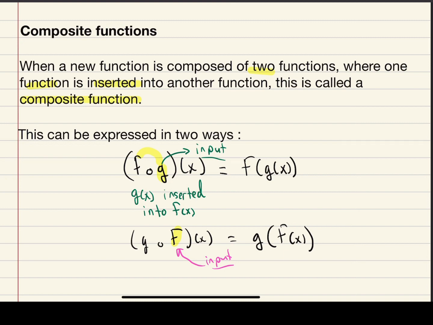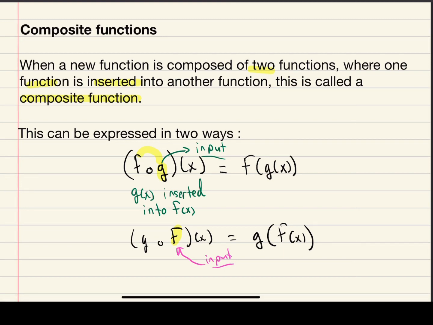When it's portrayed like this, whatever letter is inside the first bracket is going to be the input. So in this case, it's the F that is the input as well.